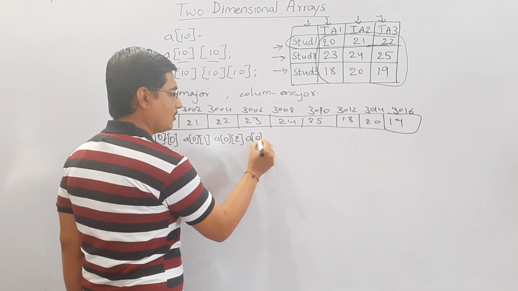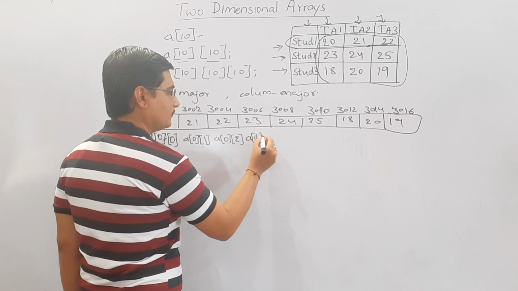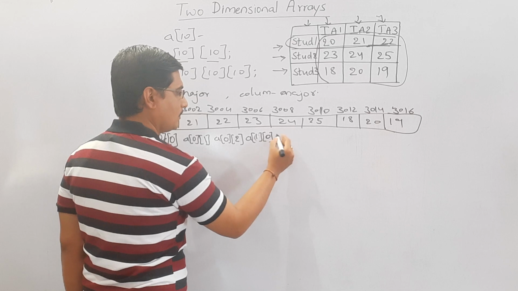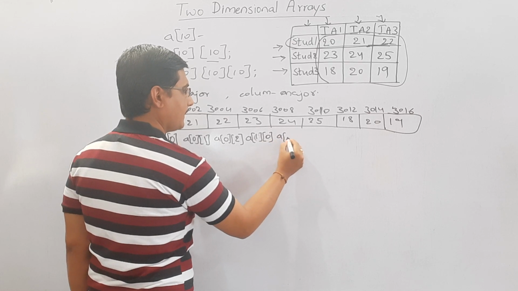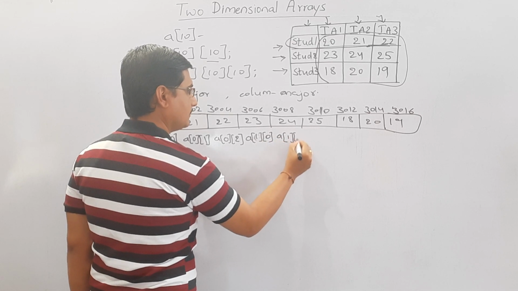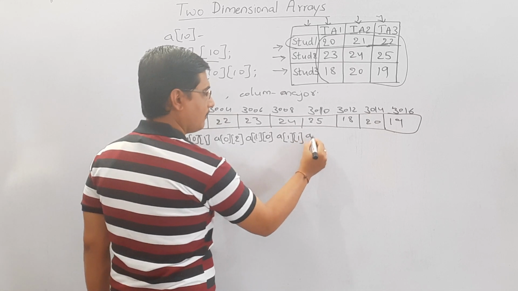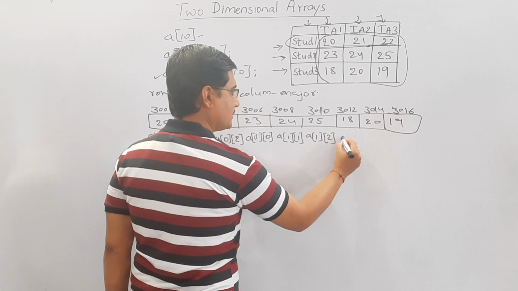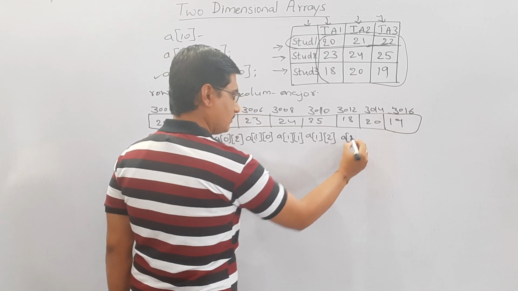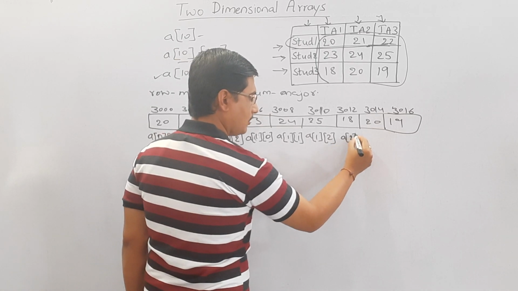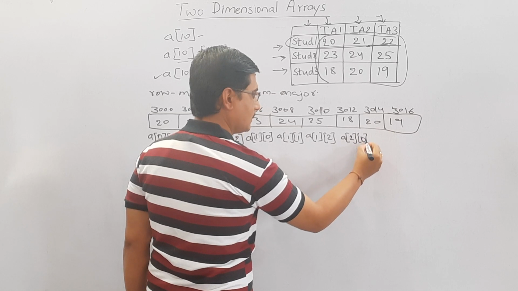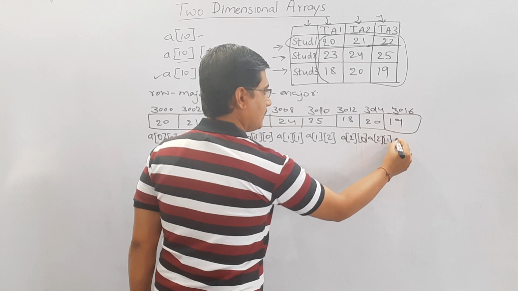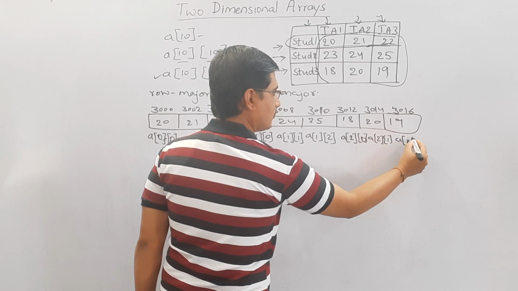A of 0, 1, A of 1, 0, A of 1, 1, A of 1, 2, and A of 2, 0, A of 2, 1 and A of 2, 2.